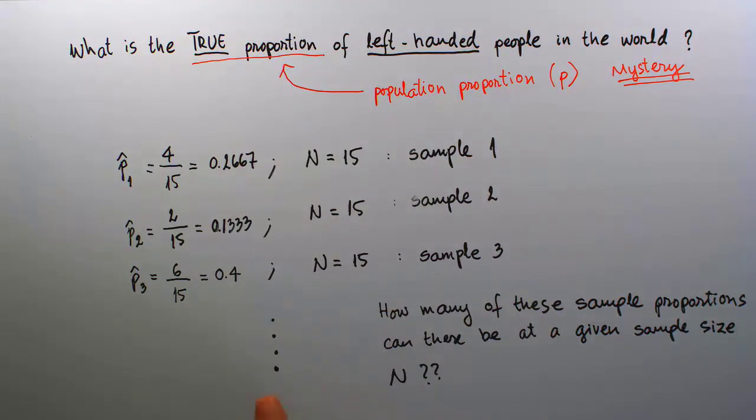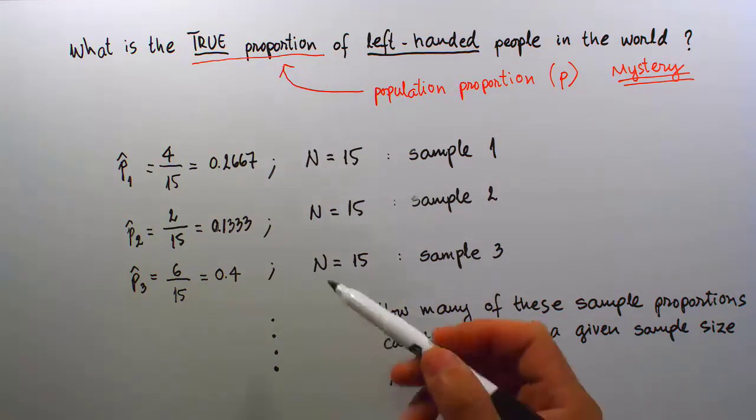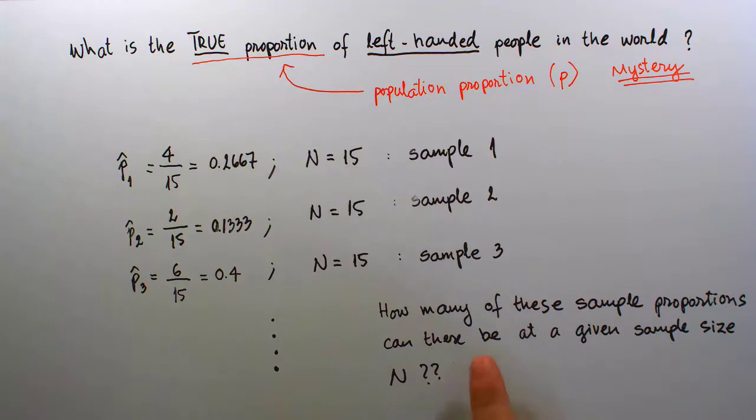I briefly mentioned earlier that there are going to be infinitely many sample proportions waiting for us to collect. We don't have to search through all sample proportions, but the answer is clearly there are a lot. We don't need to know how many, and as a matter of fact, formally speaking, infinitely many.